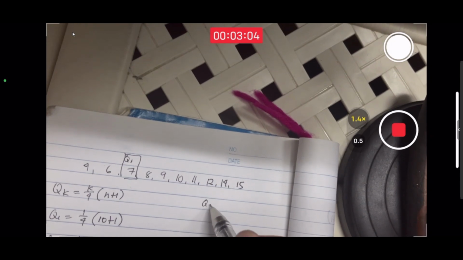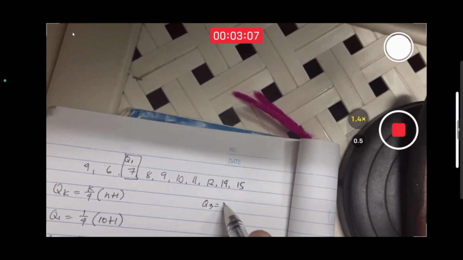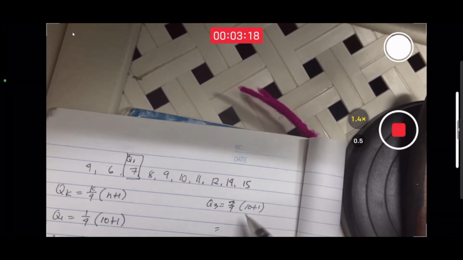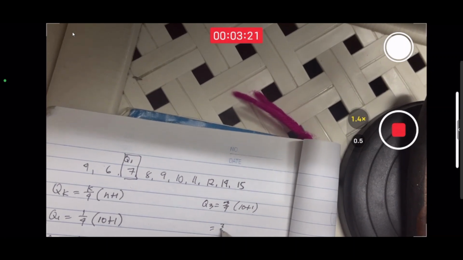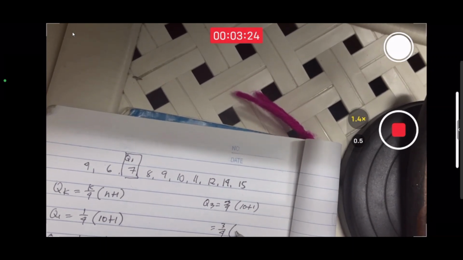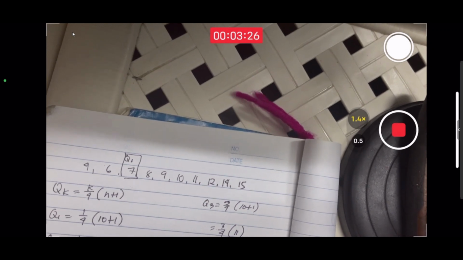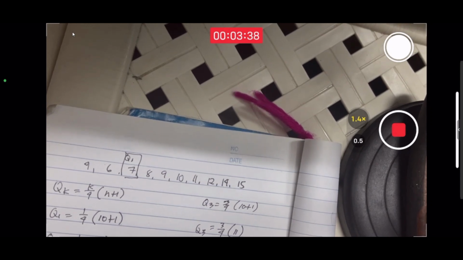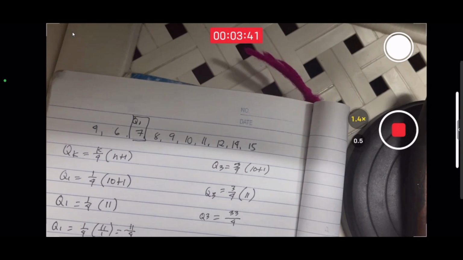Quartile 3 is equal to 3 over 4 times (10 plus 1), which is 3 over 4 times 11. 3 times 11 is equal to 33 over 4. Let's divide.